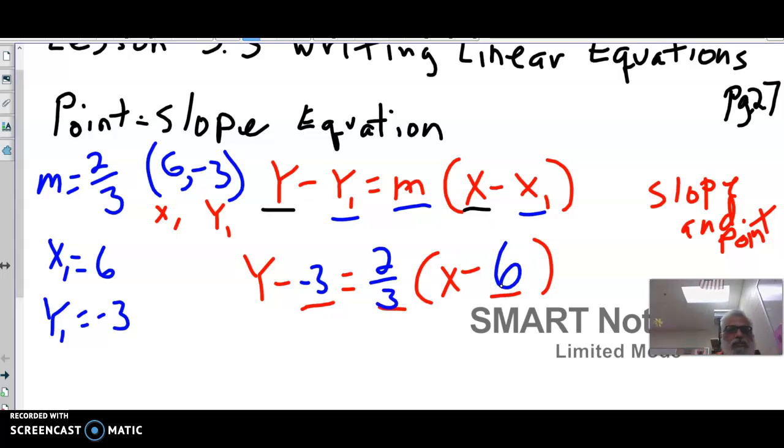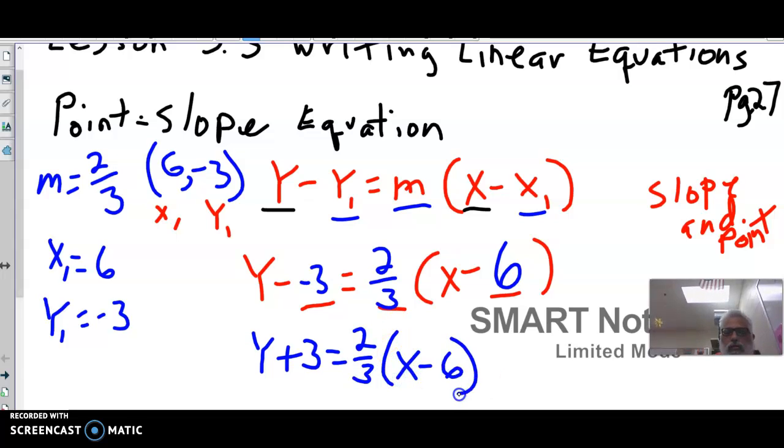Now, since one of my terms had a negative in it, I have one more step. The negative negative will make a positive. And this is the point slope form.